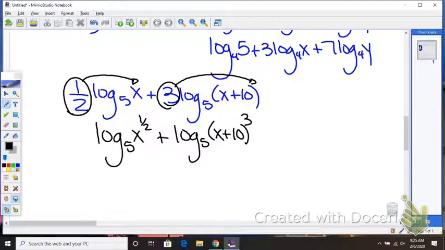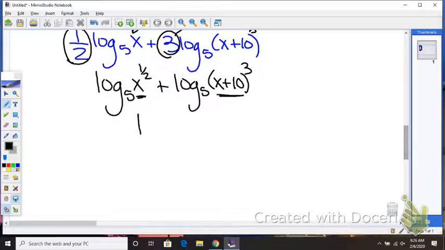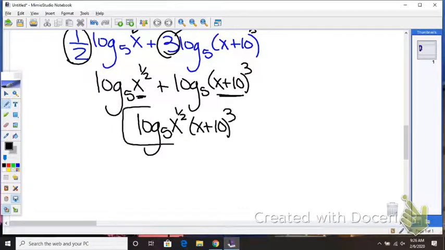So I'm going to have one log, and I'm going to put these next to each other. So I have log base 5 of x to the 1/2 times x plus 10 to the third. And that's all I'm going to do. That's literally what I had. Good job.